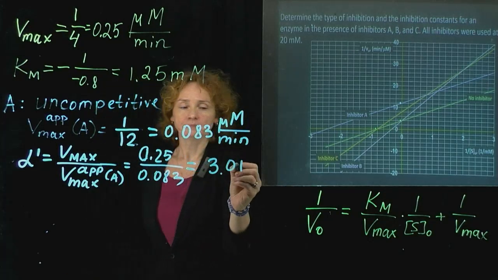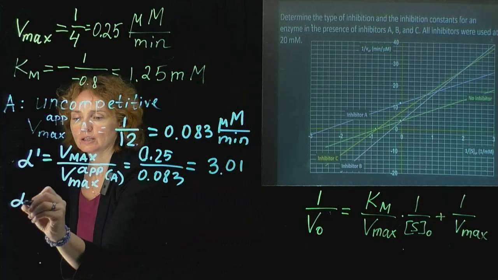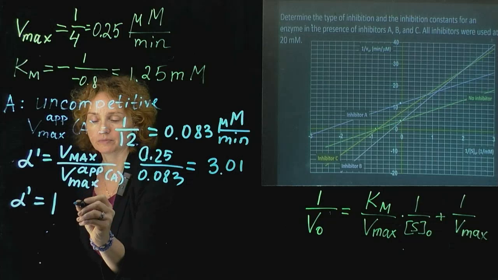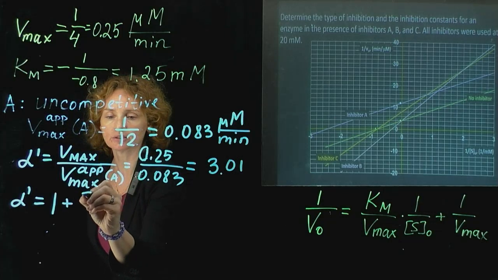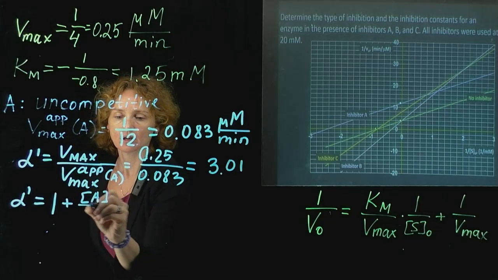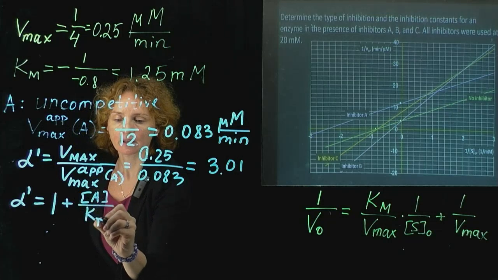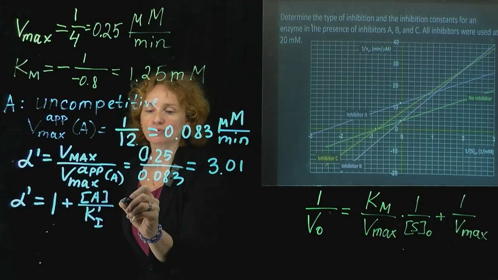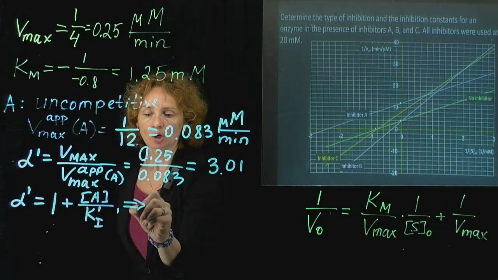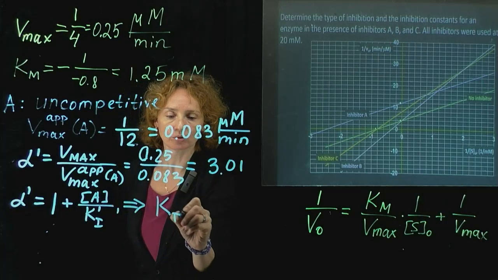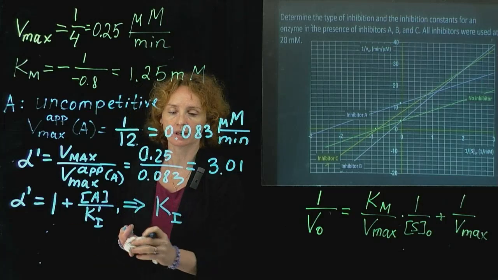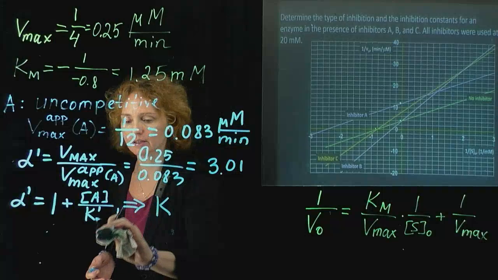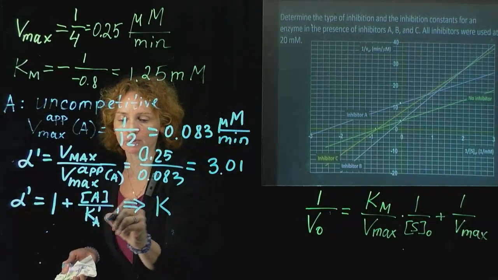Alpha prime is also 1 plus inhibitor concentration divided by the inhibition constant. So from here, we can determine our inhibition constant, or KA, right? Because we know the name of the inhibitor now.